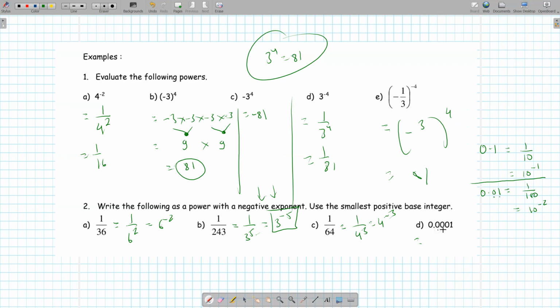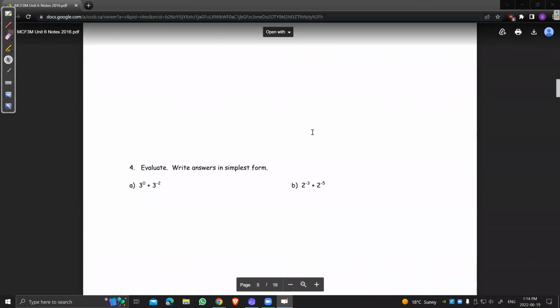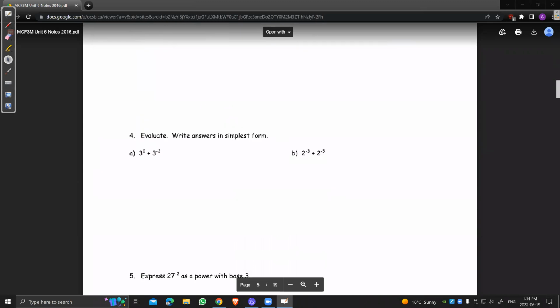Here we have 1, 2, 3, 4 digits after the decimal, yeah? So that must be 1/10 to the power of 4. Bring it up, you get 10 to the power -4. Okay. Same thing, we don't have to do this. Let's try this one. It's going to be a little bit trickier.